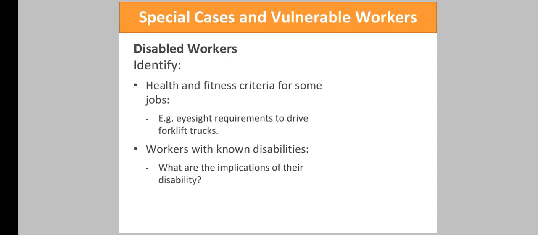Then disabled workers. There are health and fitness criteria for some jobs, because disabled workers may be of different categories, and we need to put them on jobs that are fitted for them, for example the eyesight requirement to drive forklift trucks. If a worker has an eyesight problem, we need to give them a job suitable for that person, not a high-risk activity or job. For workers with known disabilities, we consider the implications of their disability.